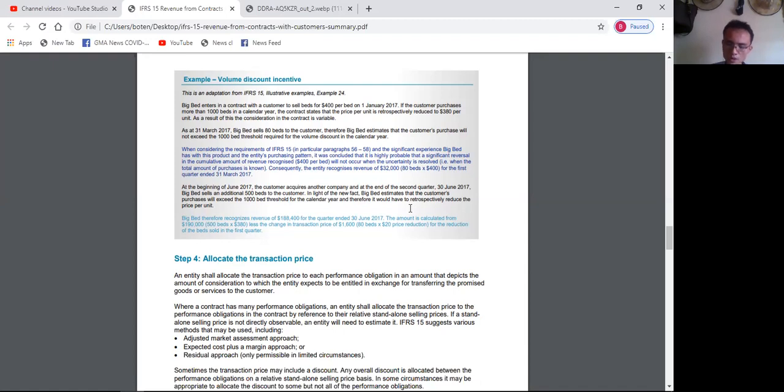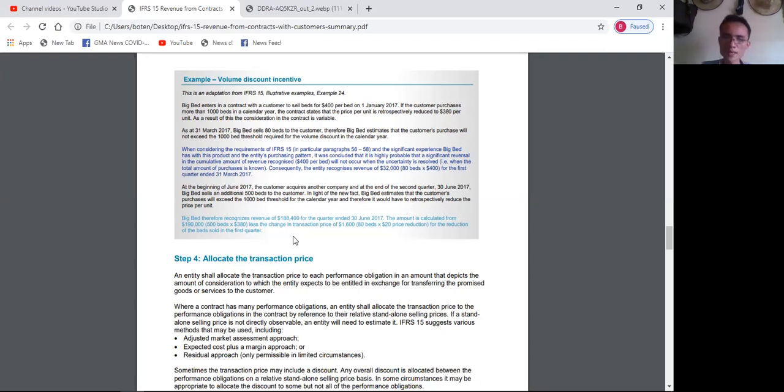So 200,000 minus 1,600 is 198,400. But then there's also a reduction of price in the second quarter, which is 500 beds times 20, so 10,000. 198,400 minus 10,000 is 188,400.